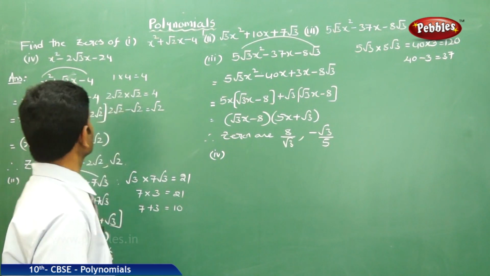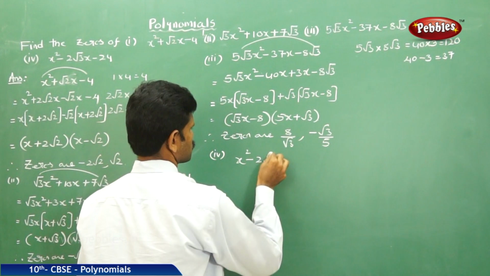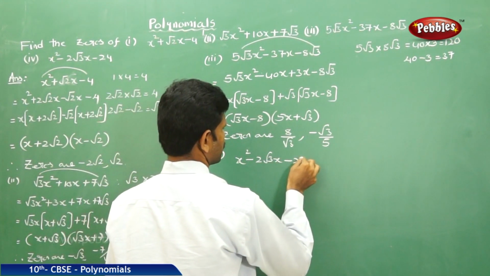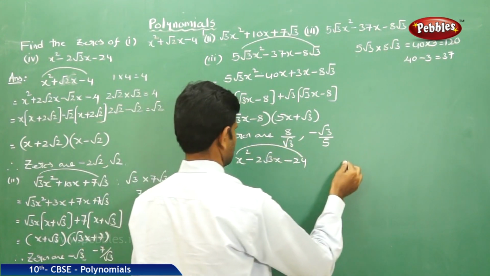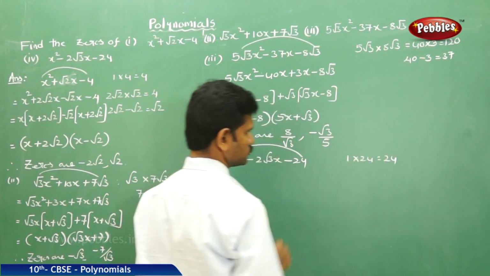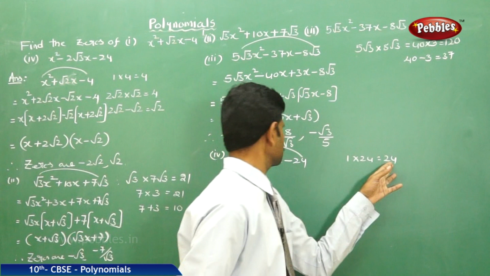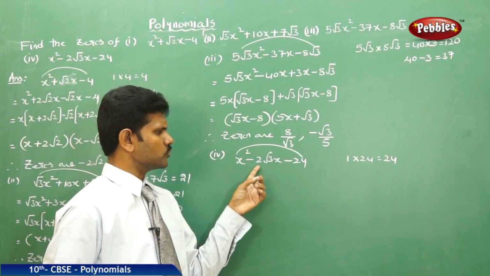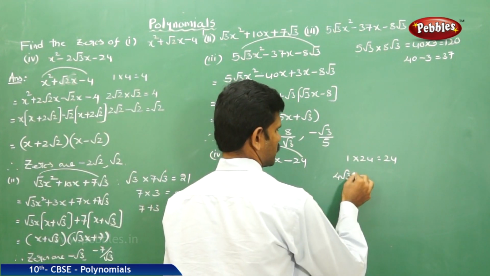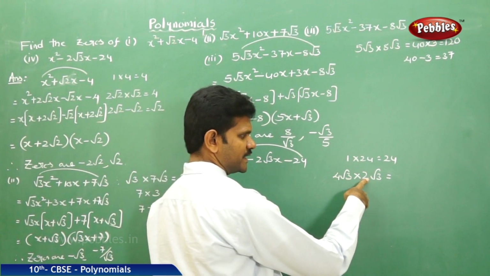Okay, now let's see the fourth question. X square minus 2 root 3 x minus 24. That means 1 into 24 is equal to 24. Now you have to find out the factors of 24. Subtraction will give you 2 root 3. That is 4 root 3 into 2 root 3. 4 twos are 8.